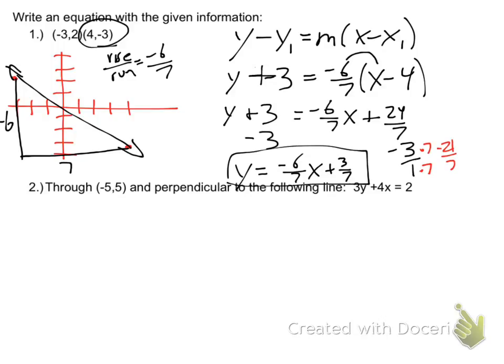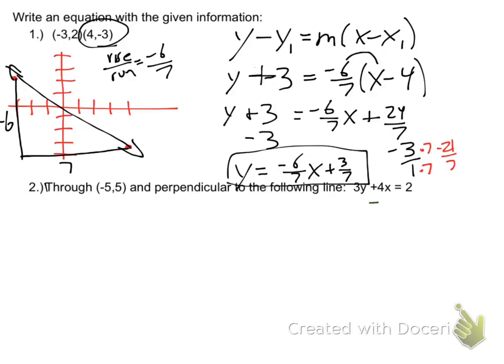So we're moving on to the second problem here. Now there is a point. First thing that we're going to want to do is take the line that we're supposed to be perpendicular to. Remember, perpendicular is opposite reciprocal slopes. I need to find the slope of that line. So to find the slope of that line, I need to change that, and so I'm going to solve it for y.